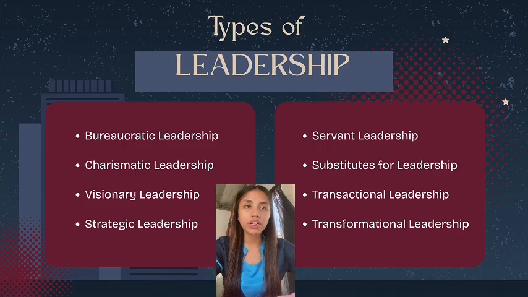Next is visionary leadership, focused on seeing future possibility and creating opportunity for growth. Strategic leadership uses the manager's strategic vision to motivate others and manage employees efficiently. Servant leadership focuses on serving others.